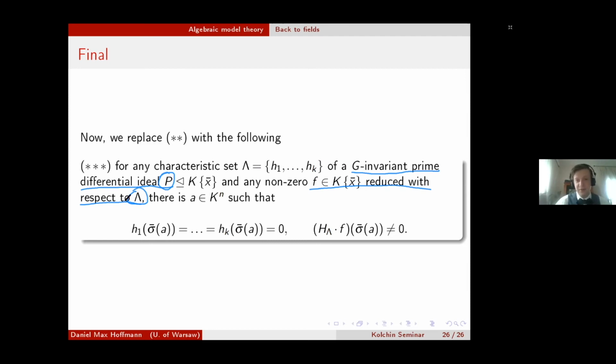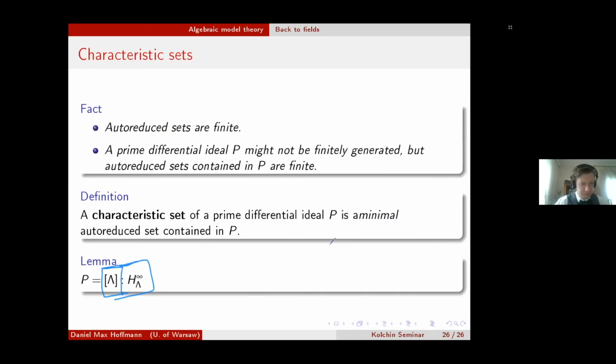That's exactly that f doesn't belong to P. There is a such that, okay? And the first part is that generators of P vanish on my A. And the second part is that f is not 0 on this double A, but here I also have this h lambda, and that comes out from the lemma here, right?